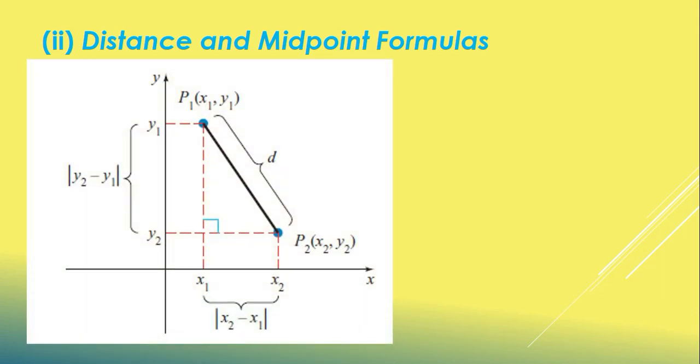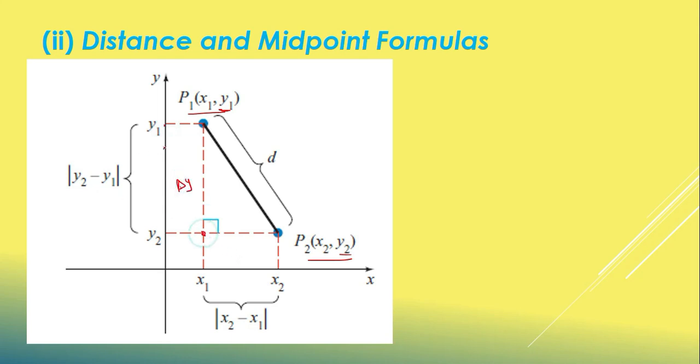Distance and midpoint formulas. Look at this graph. You see, we are going to design a formula for the distance between the point P1 and P2. Vertically, when you look, the difference between the y1 and y2 values, the distance between this y1 and y2, we call it simply del y.